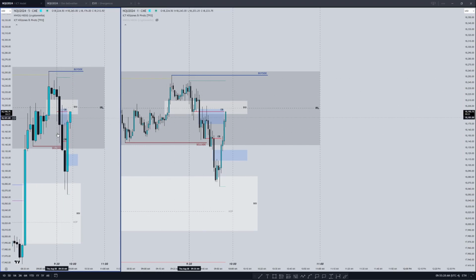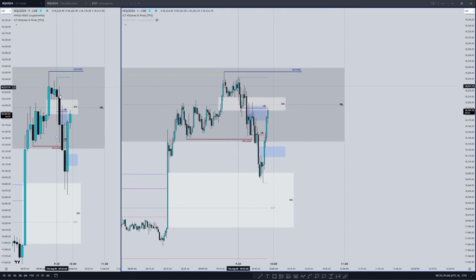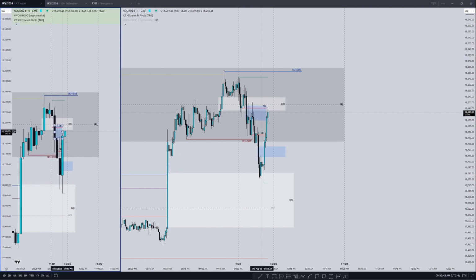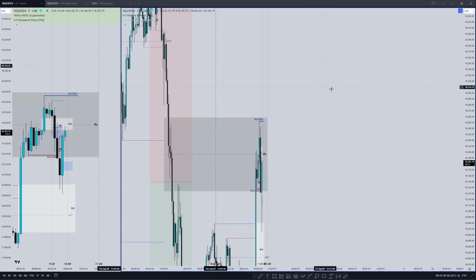Look how we open, wick around, open, wick around, open, completely refill that gap, come back down, open, fill that gap again. And then now, what do we see? Quick expansion away. So to me, this looks like a retracement leg possibly down into this inefficiency. And we're going to start to reverse during macro time, back up into the relative equal highs. And if we have external range liquidity, we don't.